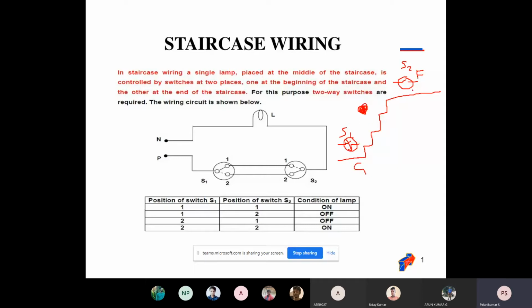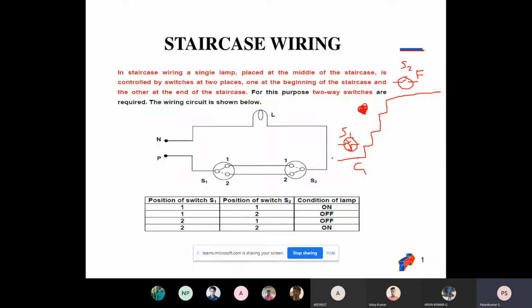I will go up, and after reaching the first floor I need not use the staircase, so at that time I want to switch off the lamp. For that I cannot come back down, so I have to do it a different way: I have to use a second switch, by which I can switch it off whatever the position is.